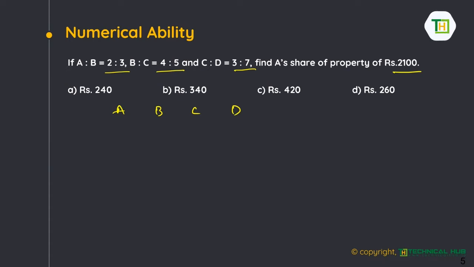If you want the share of A, you must calculate the ABCD ratio. A is to B is 2 is to 3, B is to C is 4 is to 5, and C is to D is 3 is to 7. Here, if you observe carefully, we have some blanks.